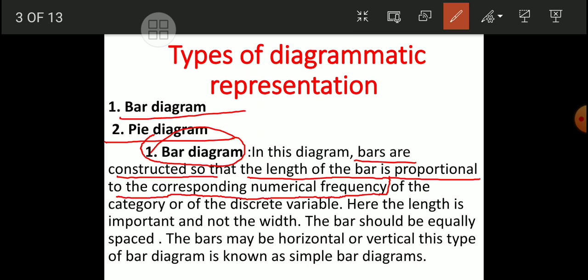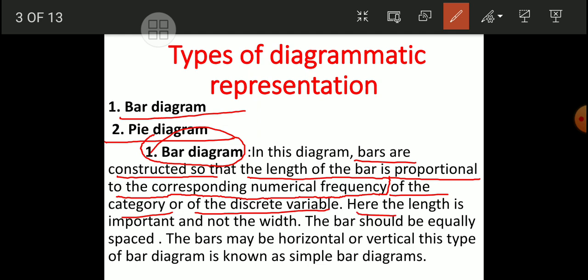In the first type of diagrammatic representation, that is the bar diagram, the bars are constructed, and the length of the bar is always proportional to the corresponding numerical frequency of the category or discrete variables.